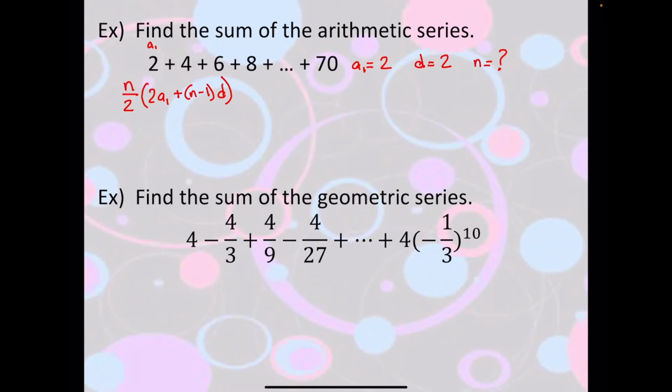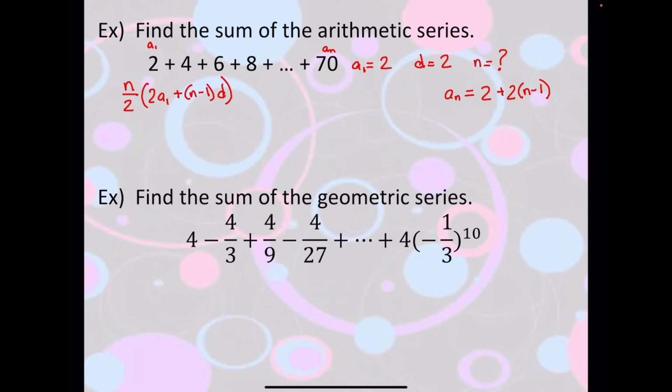Remember, n is the term number for our last term. So I need to find n for my last term of 70. In order to do that, I need the equation of this arithmetic sequence. So to find it, a sub n equals, it's arithmetic, so I'm going to start with my first term 2, and every time we're adding 2 times n minus 1.